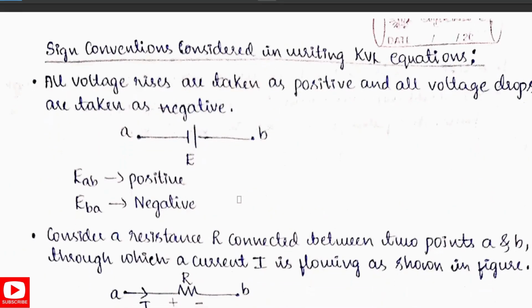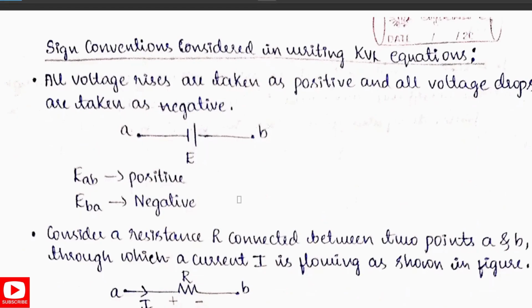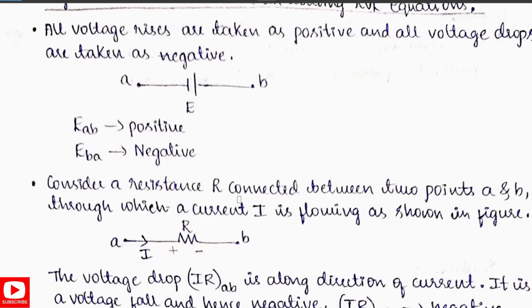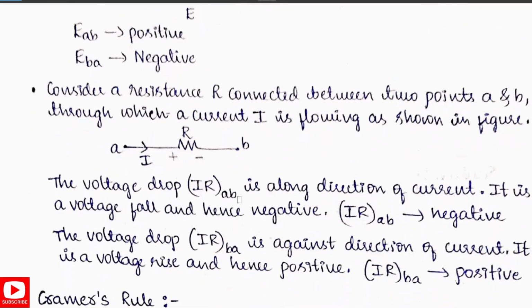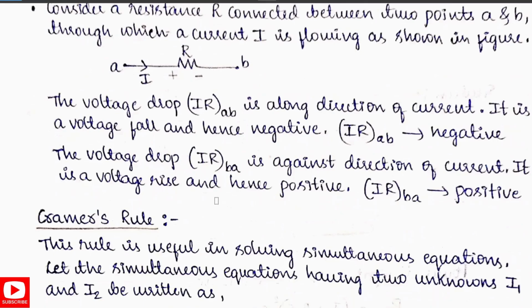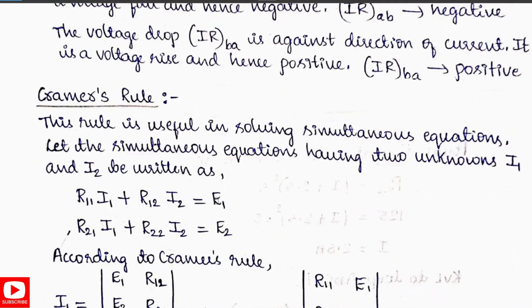Then you have to know the sign conventions, because you need them for the problems. All voltage rises are taken as positive and all voltage drops are taken as negative. For a resistor connected between 2 points through which current I is flowing, IR is taken as negative or positive as shown here.